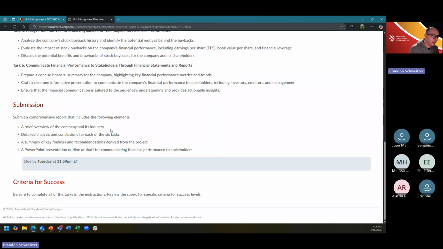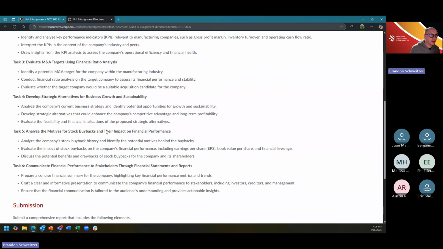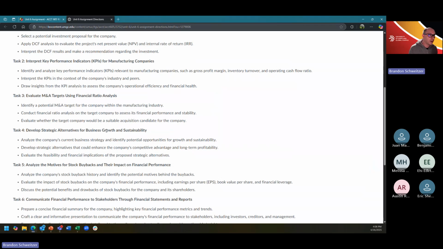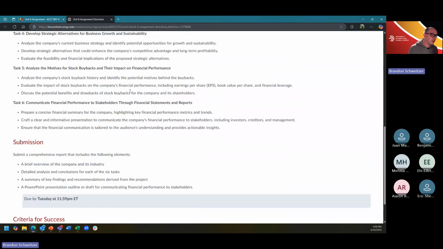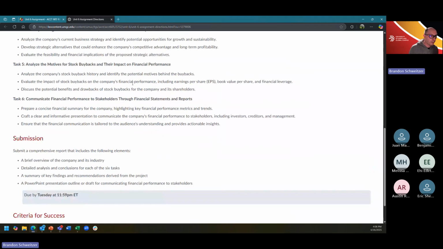Now, the reason why we have pivoted in week 6 to a comprehensive report and a PowerPoint presentation is because at the end of the course in week 8, there's a comprehensive assignment. In that comprehensive assignment, there's a comprehensive Excel file, a comprehensive report, and a PowerPoint presentation.